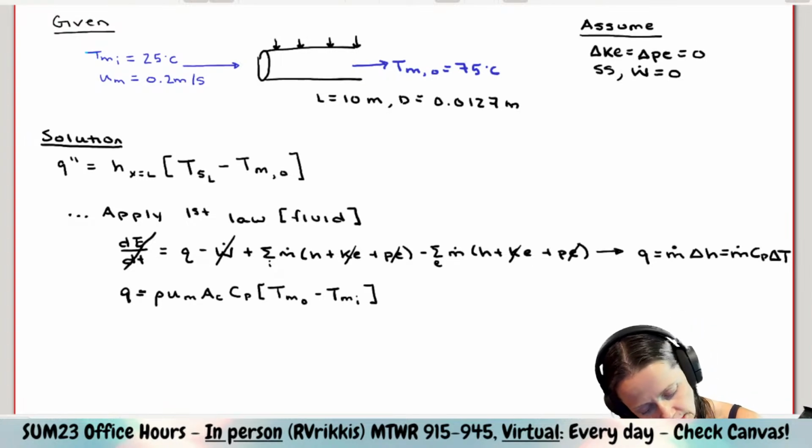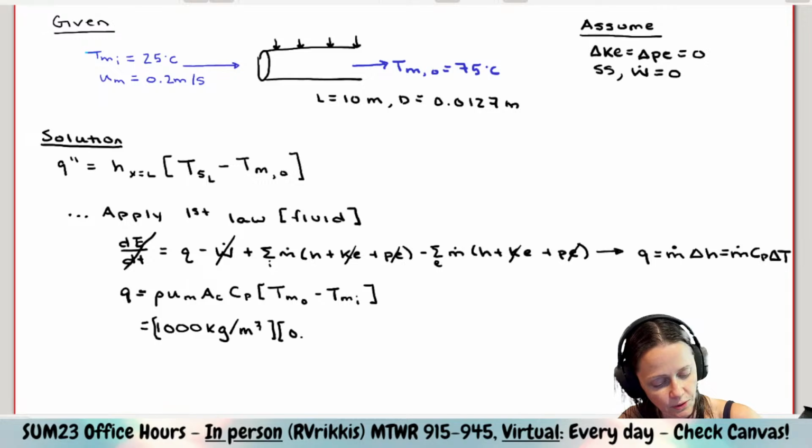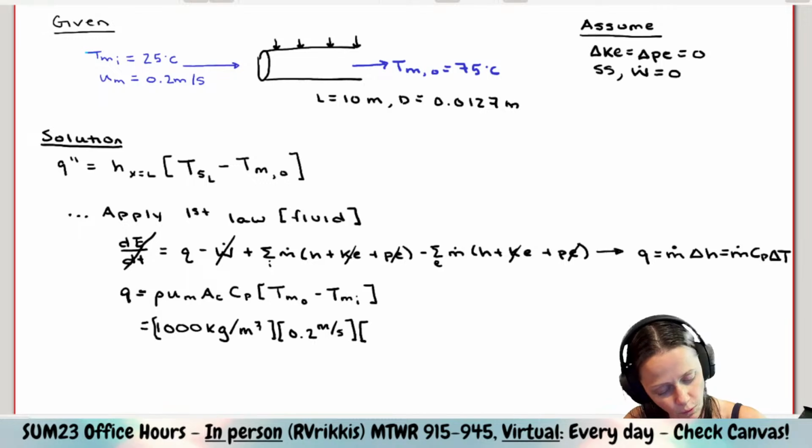All right, so then this is going to be 1,000 kilograms per meter cubed times our mean velocity, 0.2 meters per second, times our cross-sectional area, which is pi d squared over 4.